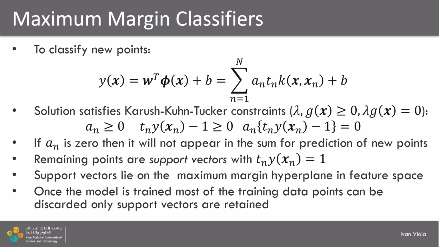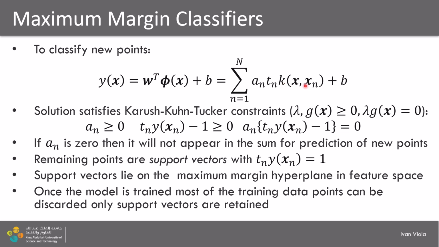Once we train our support vector machine, we can classify the new points x by the formula as we had it before, the y of x, which is the formulation with the weights, but we have now already derived the weights, and we can replace it by the formulation which is weight free, and we have only the formulation based on the optimized an vector, which was maximized, and then we have the Tn, and then we have the kernel.